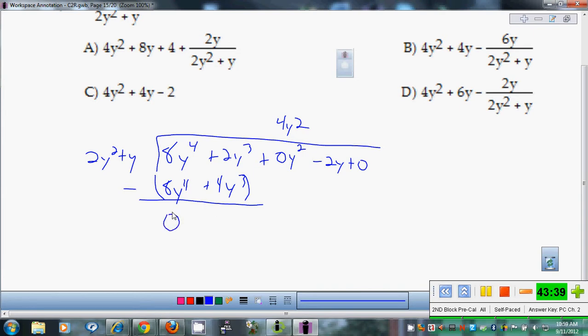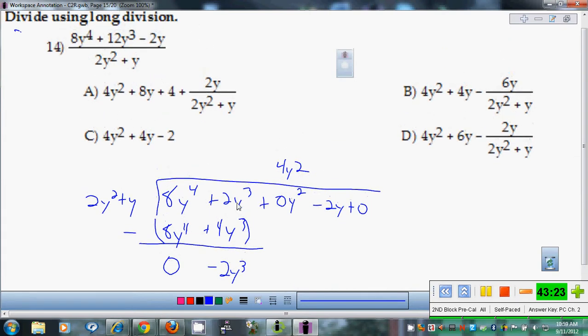Well, that one is a 0. And then 2 minus 4 is negative 2y cubed. Is this where we diverge a little bit? Alright. Did it? It did. So that's an 8. No big deal. That just changes that to an 8. Are we back on track now?